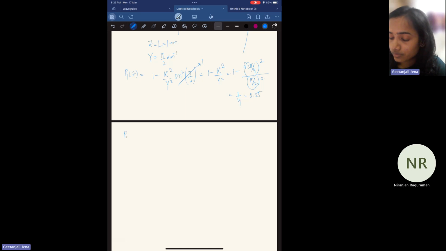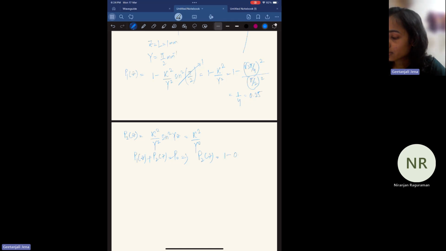For waveguide 2, P2z is kappa square over gamma square sine square gamma z. Instead of calculating all this, what you can do is use P1z plus P2z, it is easy, right? So P2z will be P0 minus P1z.